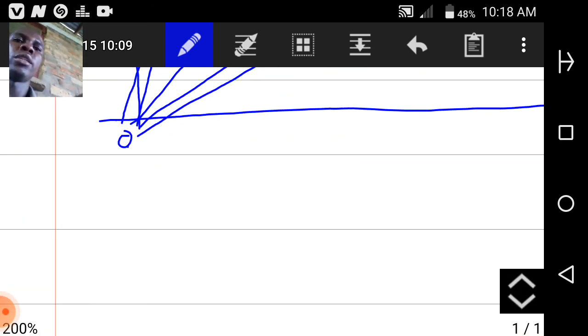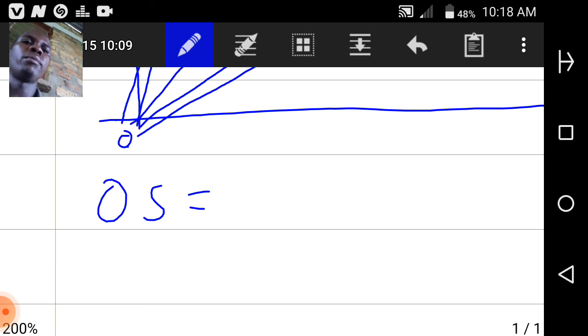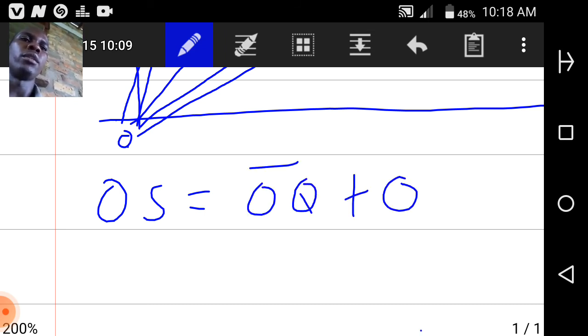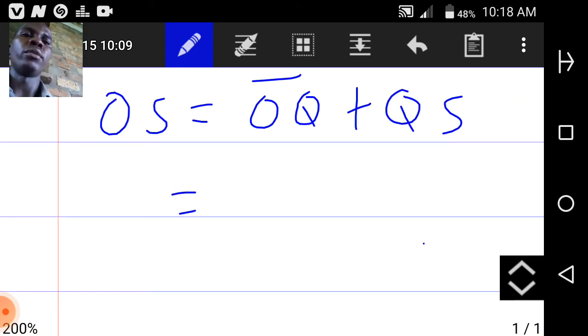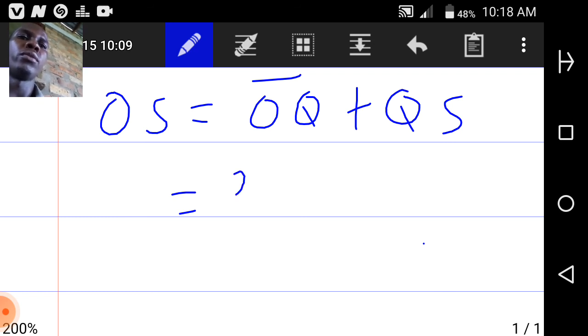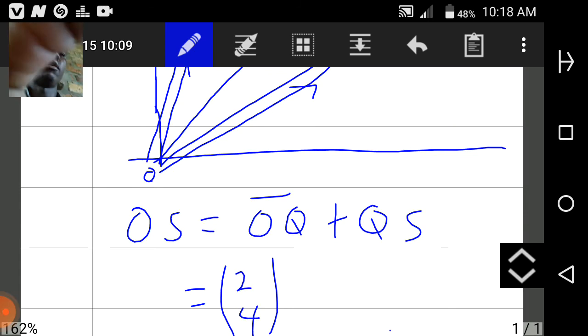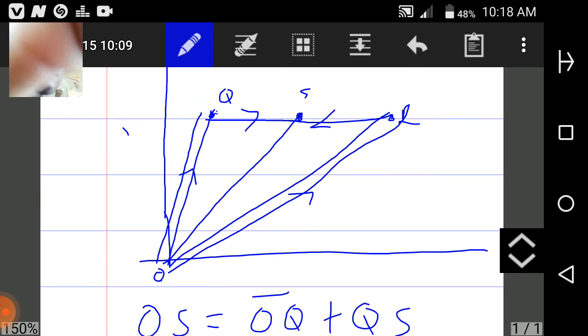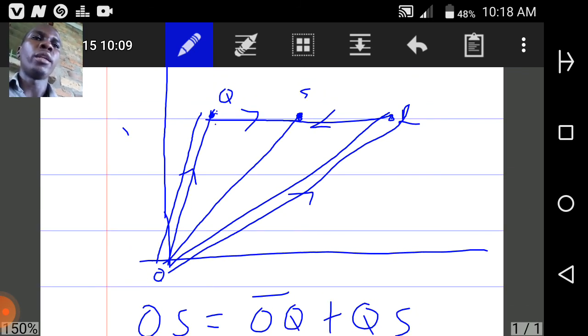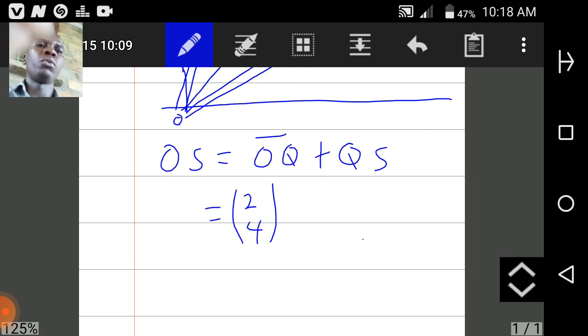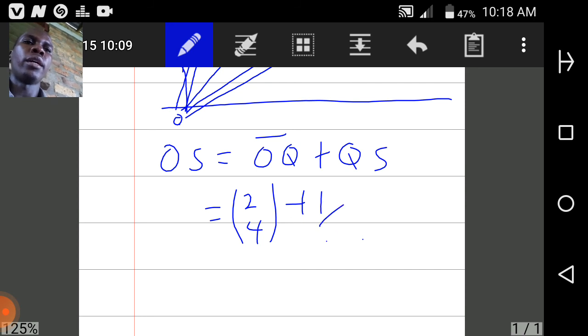So OS is the same thing as OQ plus QS. I have my OQ as (2, 4). But I don't have QS; since S is the midpoint of QR, QS is going to be a half of QR.